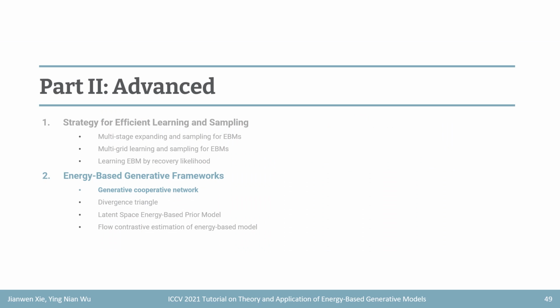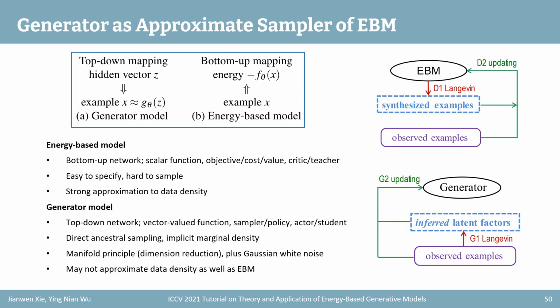We now move to the second part, where we incorporate a generator network. So we treat the generator model as an approximate sampler for the energy-based model. A generator model is a top-down model, where we always consider the observed example, for example an image, at the bottom.